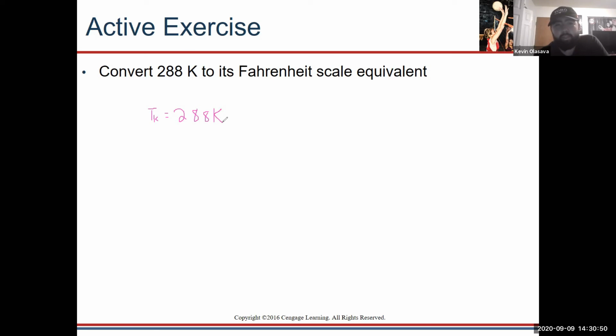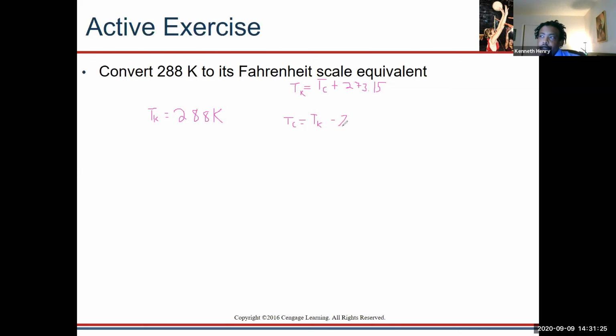Okay, so how do I convert from Celsius? What was that equation? TK equals TC plus 273. So I solve for TC, so then I'll have TC equals TK minus 273.